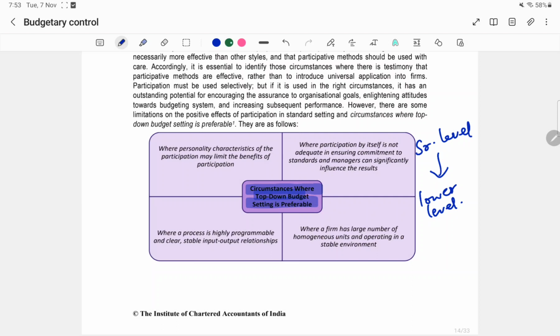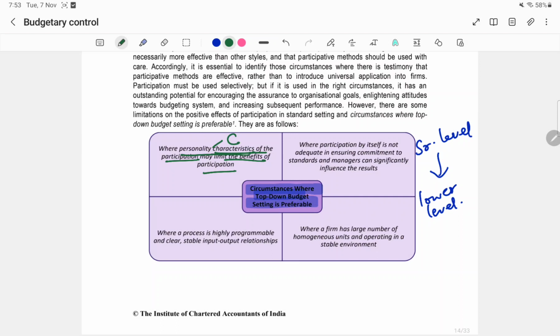You can remember this by an easy memory trick, that is characteristics, where personality characteristics of the participants may limit the benefits of participation. That is, if suppose there would have been bottom up approach, then the participation of the lower levels may have limited the benefits of participation, that is it would have acted as adverse. So in this situation we will follow top down budget approach.